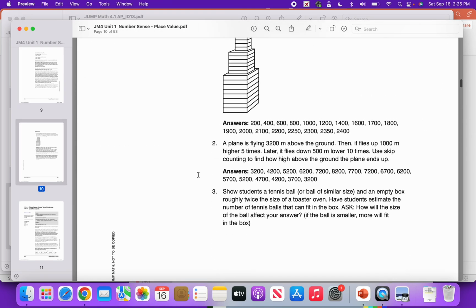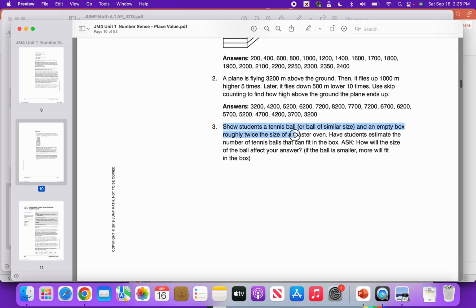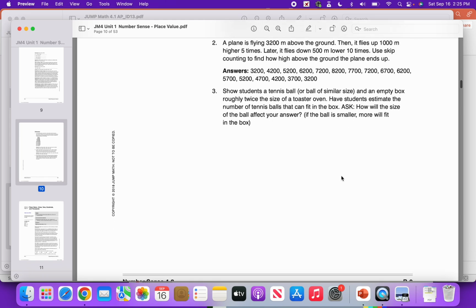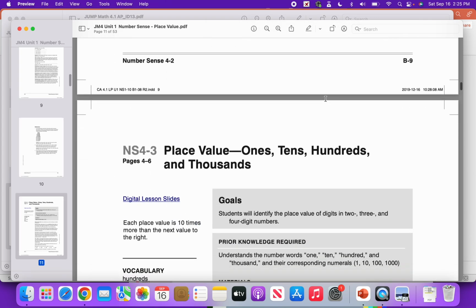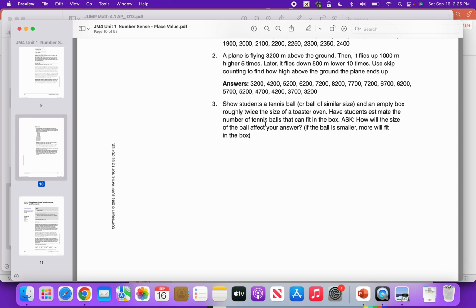Okay, show students a tennis ball and an empty box roughly twice the size of a toaster oven. Huh. Okay. Interesting. I think that's probably just like 10 or something, right? I was thinking like ping pong balls in one of those square boxes. I think I might do that.